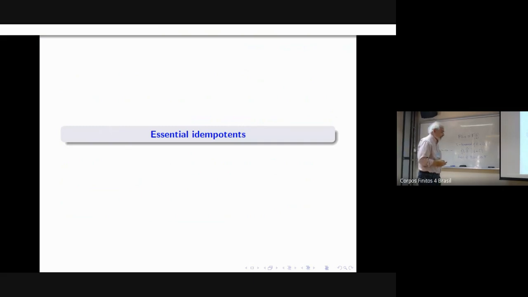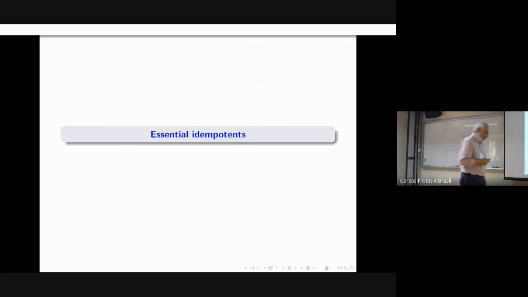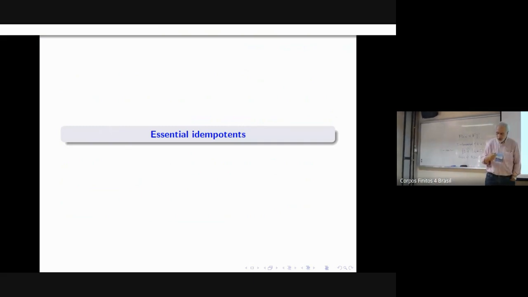So, what are the essential idempotents? When we try to produce some coding theory with groups, in the group algebra it's more or less natural to try to study first the minimal ideals, because it's very well known that any other ideal is a direct sum of minimal ideals.